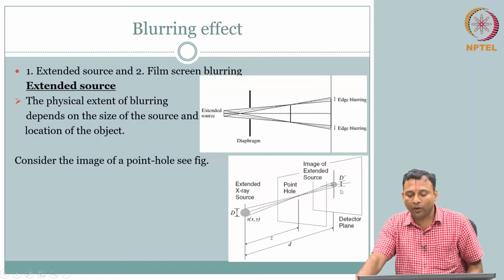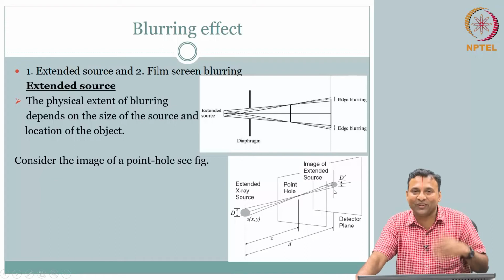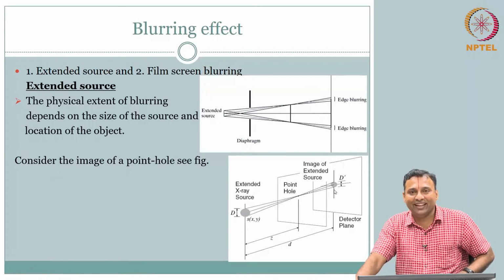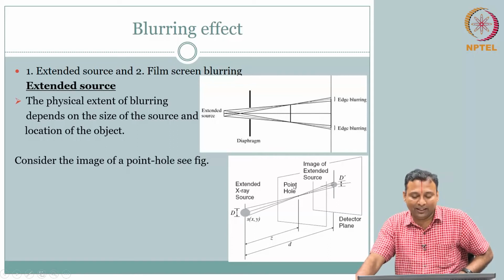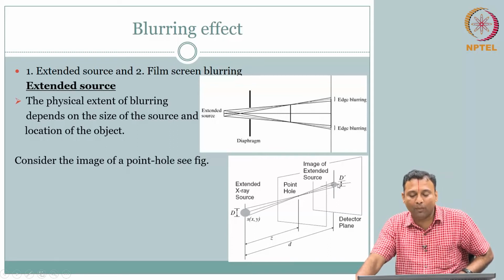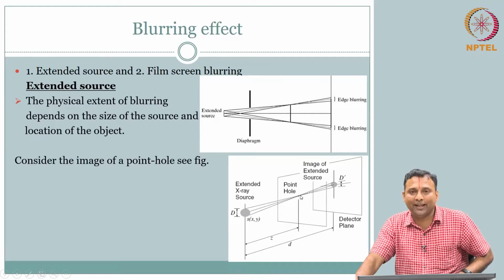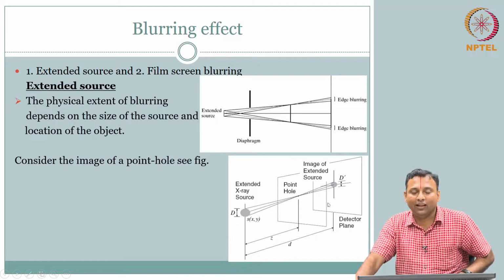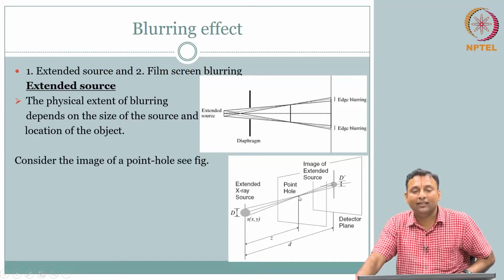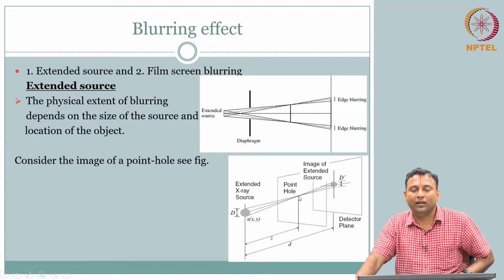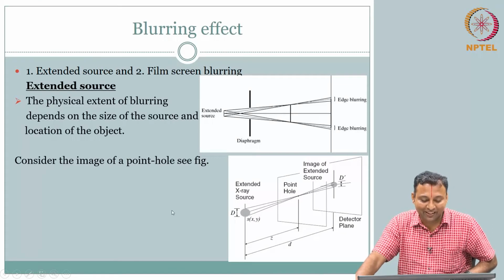This is not a point, this is a spread version of the point. Start to think about it. So I have a point here, my source, I have a copy of my source, a scaled version of my source, but my object is just a point. So what I am recording is some version of the source, even though I would interpret it as a version of the object.